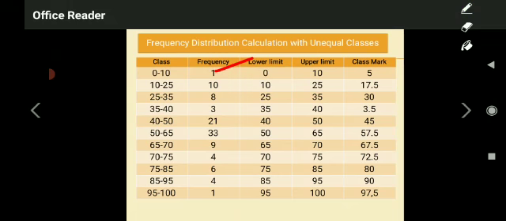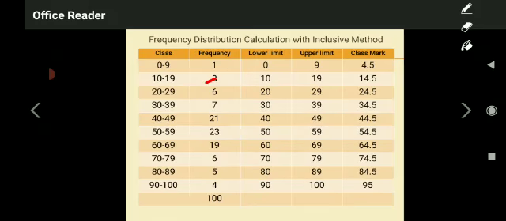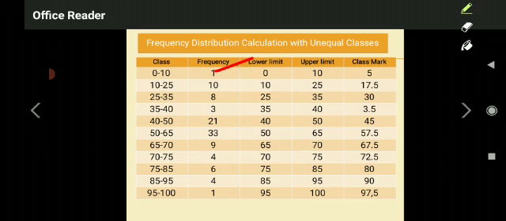And in the second class interval of inclusive method, the total number of frequency observations were 8. But in the unequal class distribution calculation, between 10 to 25 there are 10 observations. You know why? Here the class interval is different. Earlier class interval was 10 to 19.